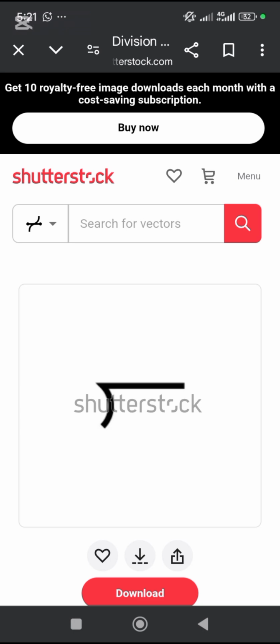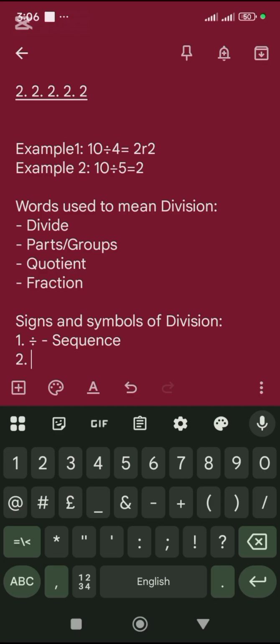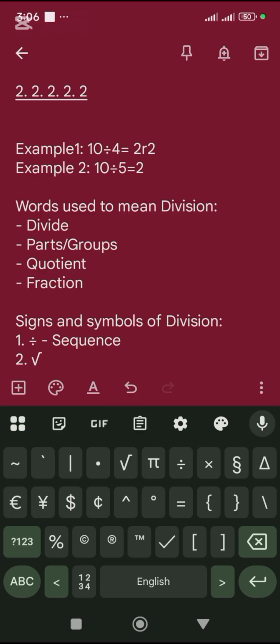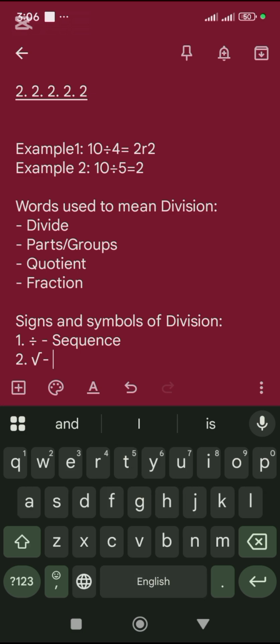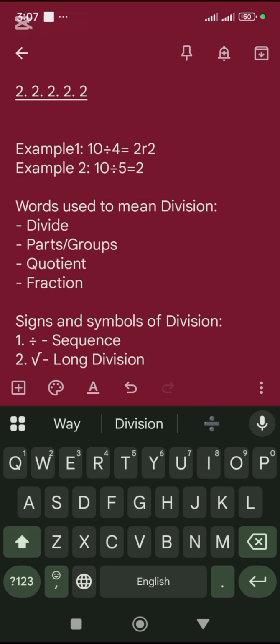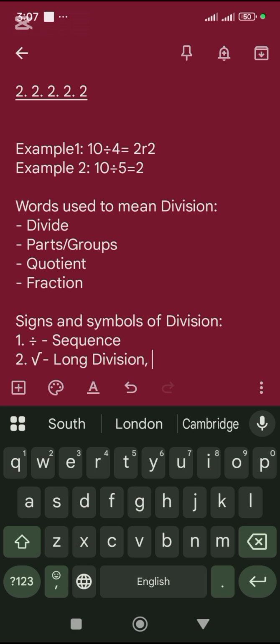However, permit me to use the square root sign in my explanation. We have this symbol that we use for division. This is mostly used for long division and decimal division.